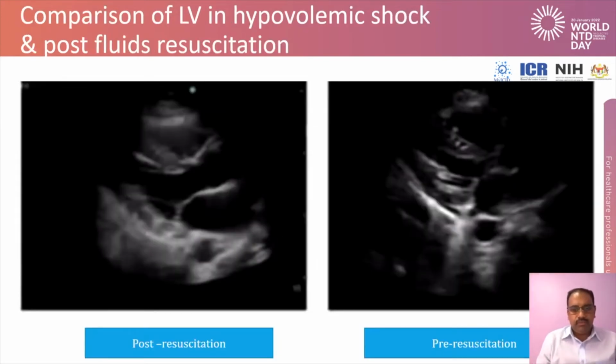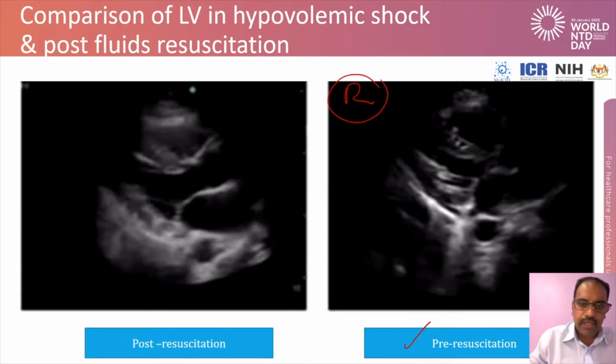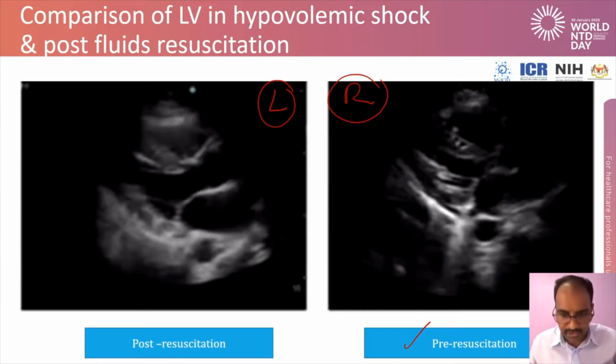So these two videos here. On my right side, this is pre-resuscitation, patient in shock, and on my left side, this is post-resuscitation, the same patient. This is not a dengue shock patient, but just a patient who came in with hypovolemic shock.